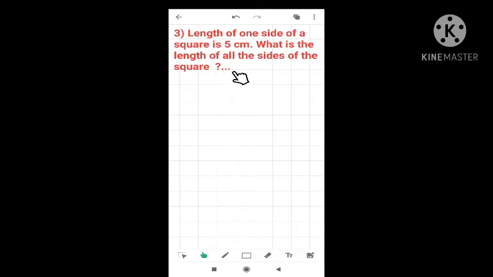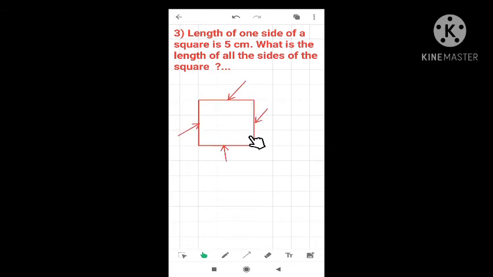Now let's solve this word problem. Length of one side of a square is 5 centimeter. What is the length of all the sides of the square? It means we have to find the total of all the sides of a square.